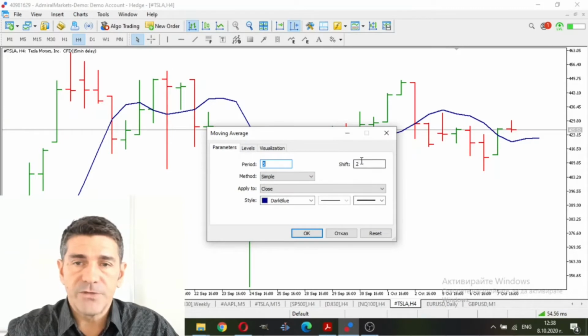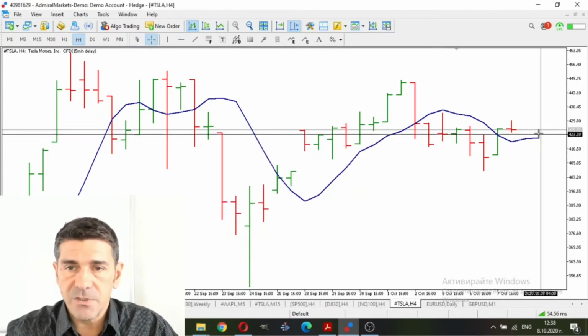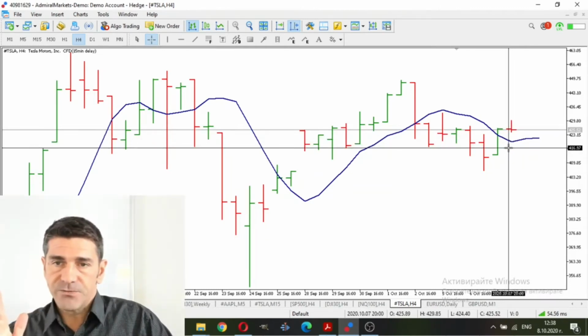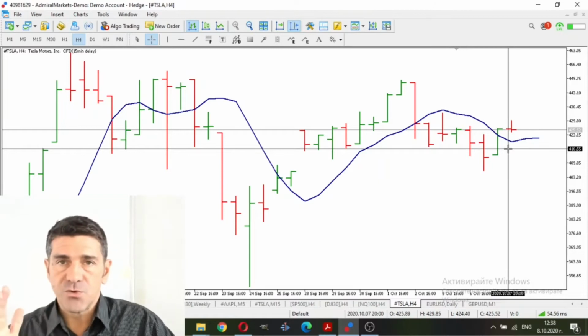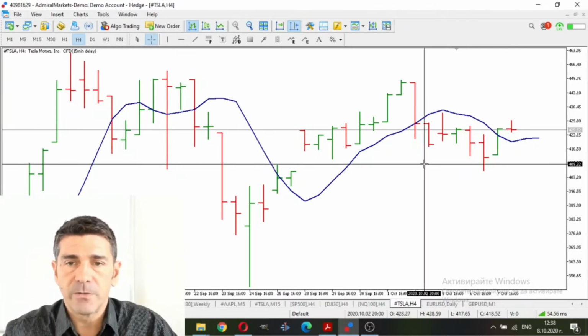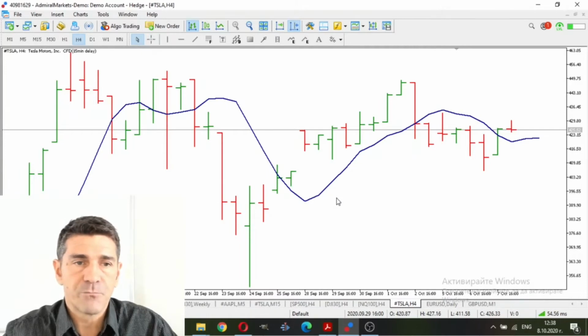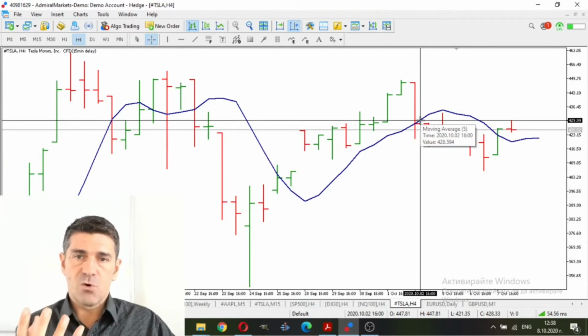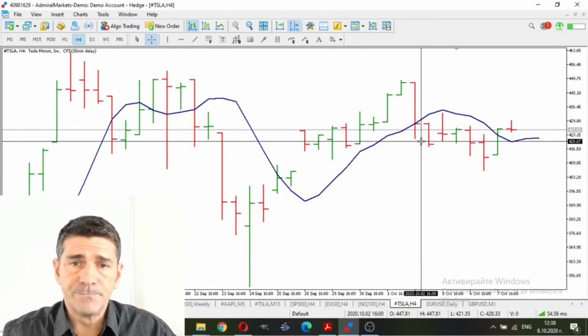Why is that shifting? What this shift represents is that instead of the moving average being here, it is shifted a little bit into the future. It's a pretty simple and common technique used by all traders and investors, and it makes it visually much more clear what is going on.